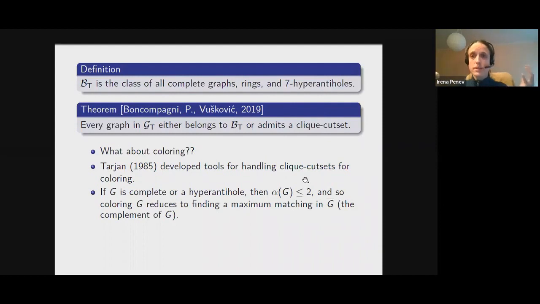Well, because if you look at the stability number, it's at most 2. So if the stability number is at most 2, and you want to color, all the color classes are going to have size either 1 or 2, and you want as many of size 2 as you can. So what does that reduce to? We'll take the complement. You want to find the maximum matching in the complement of the graph.